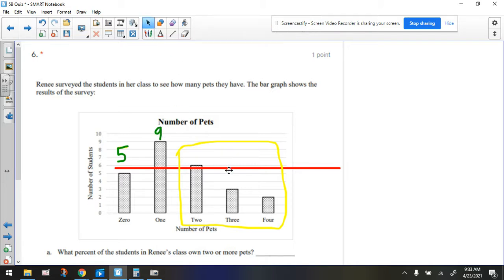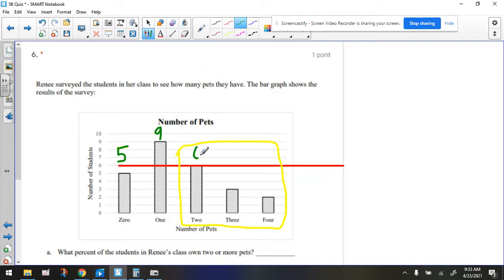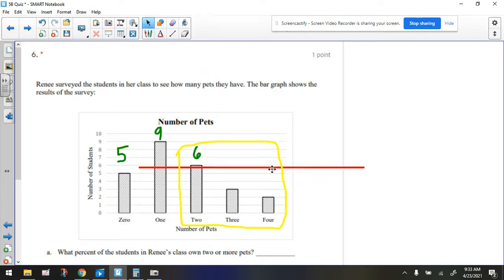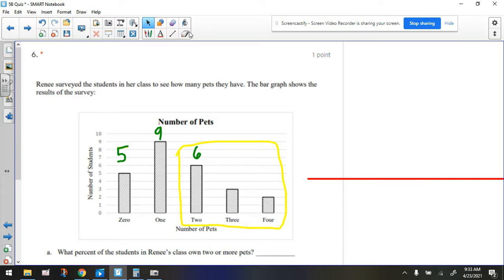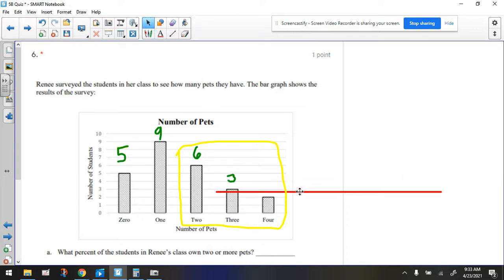This next bar matches up with the 6, so let's put a 6 above that. And then this next one for 3 or more pets matches up with the 3, so we'll put a 3 above that. And then right here for 4, use the line to make sure, because sometimes your eyes don't follow it nicely, so that's a 2.